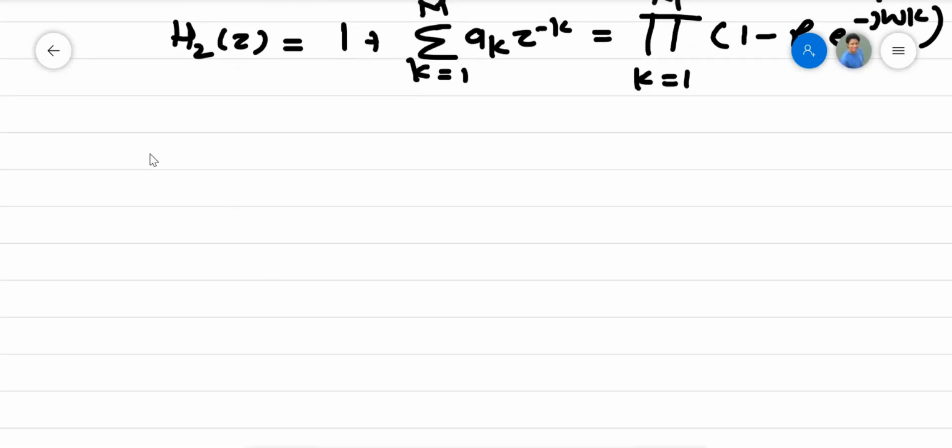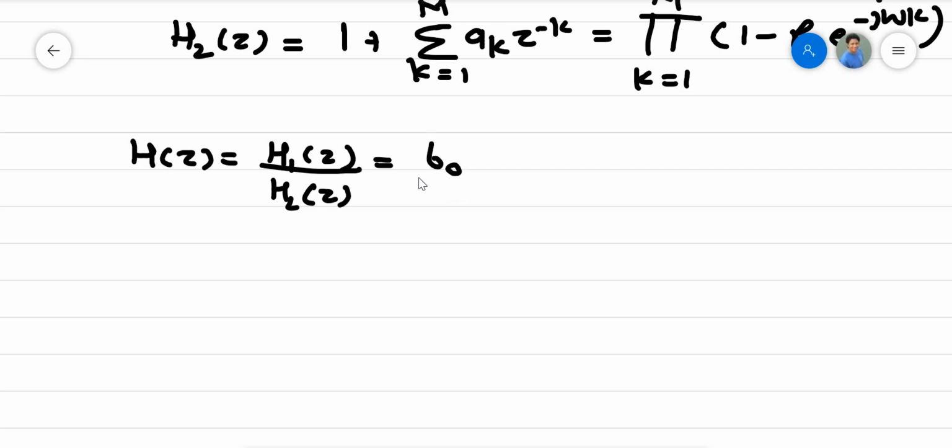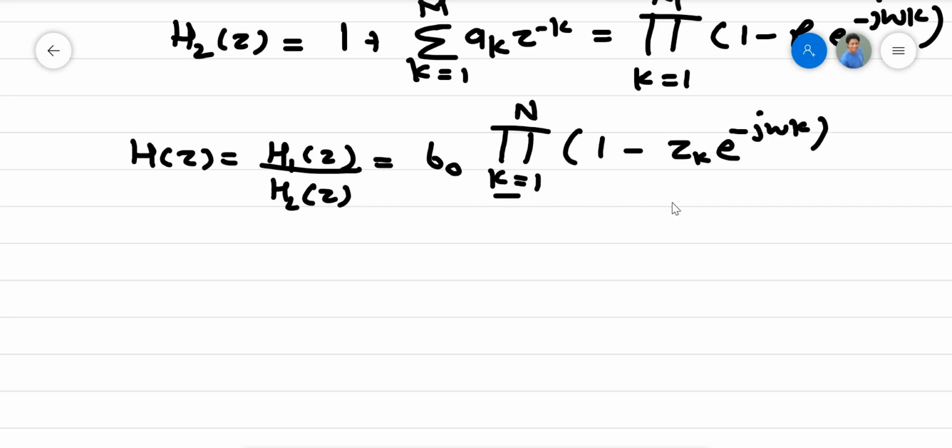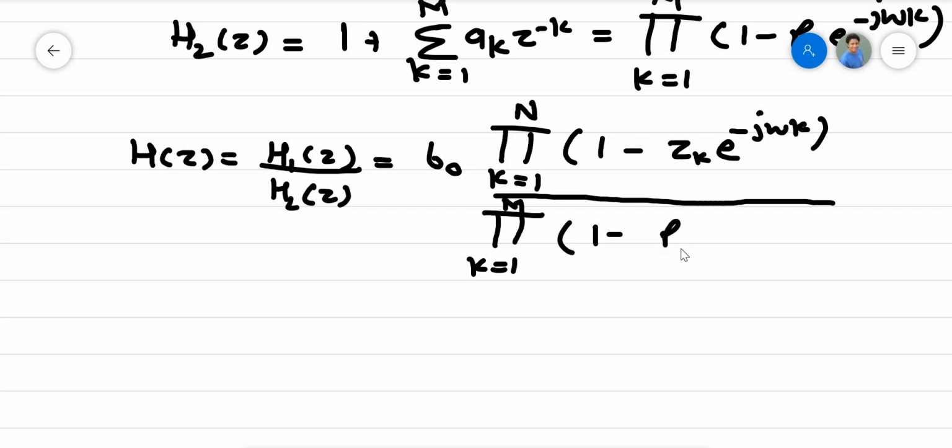Now, if we want to represent this H(z), which is in terms of H1(z) and H2(z), then it will have some constant, which I have written as b0. Then there will be the product k equals 1 to n of (1 minus z_k e^(-jω)), and then the product k equals 1 to m of (1 minus p_k e^(-jω)).